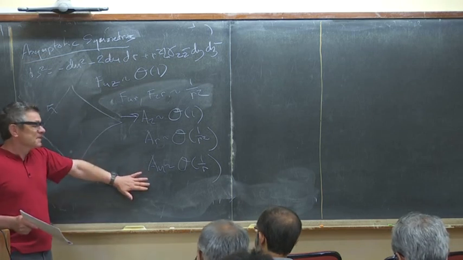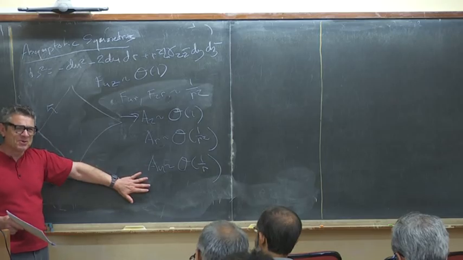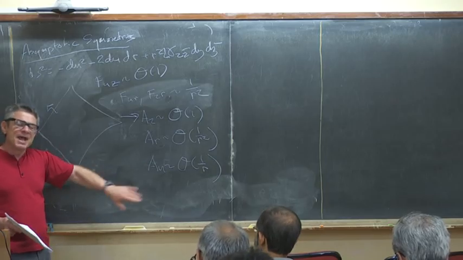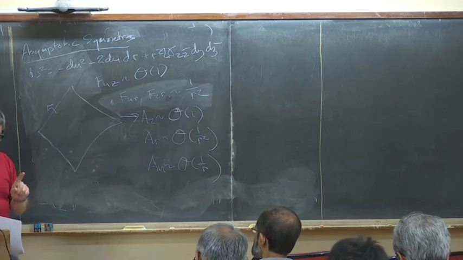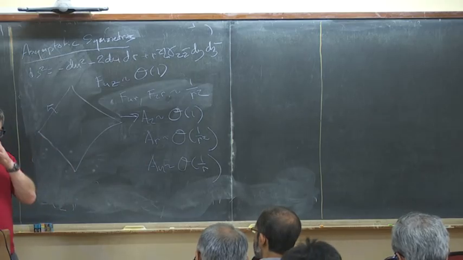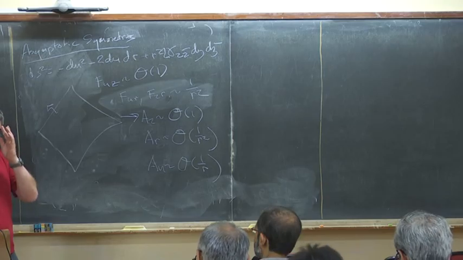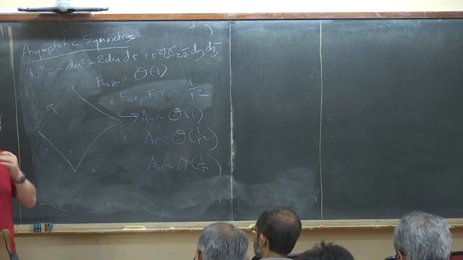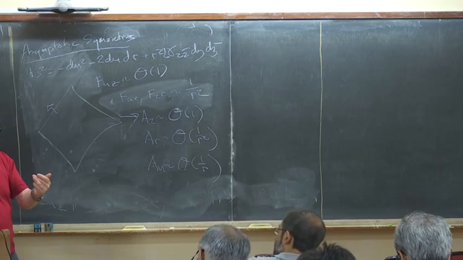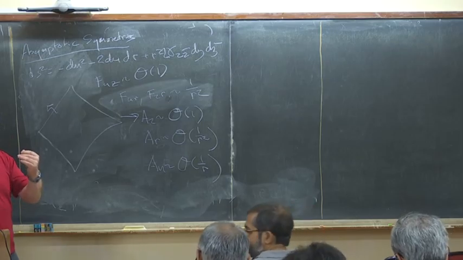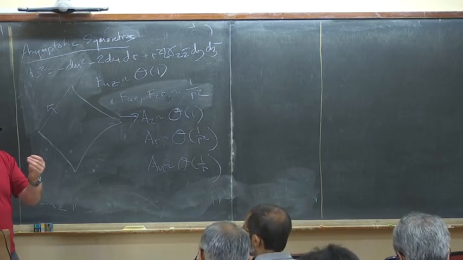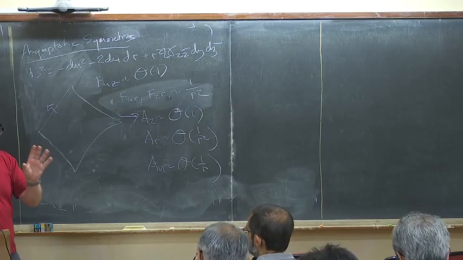So these things always make you a little nervous when you hear them. There's even a story like this in AdS3, which people like Grumiller and others have been talking about recently, in which you relax the Brown-Henneaux boundary condition, and I think this is a correct story. I don't fully understand all the implications.